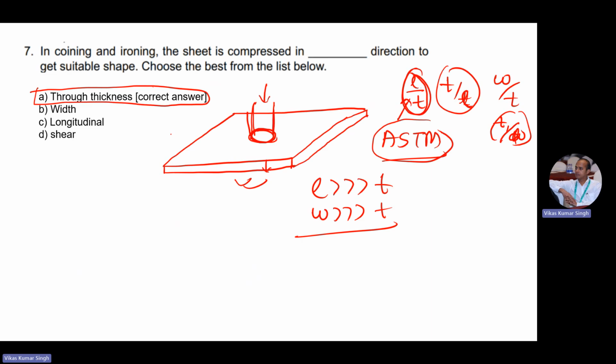Okay, so the next part is assignment number 2, which we are going to solve next Saturday, in the 4 to 6 class. All of you can join that class, come live, and we will discuss and sort out whatever problem is there.